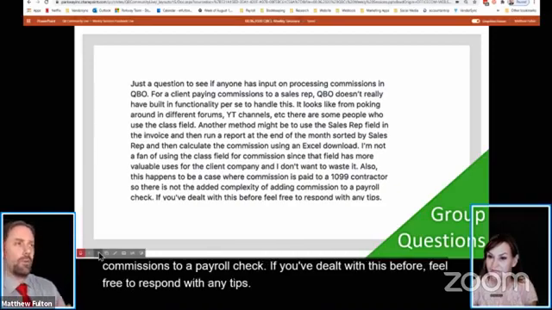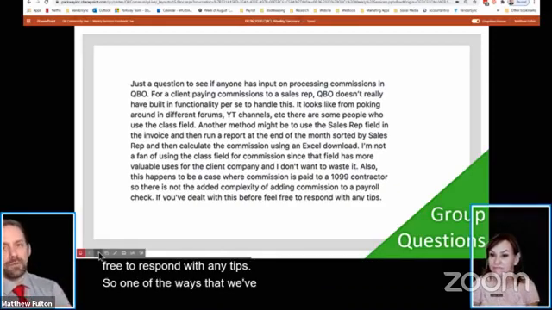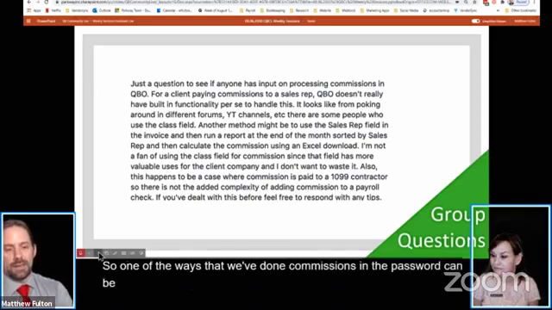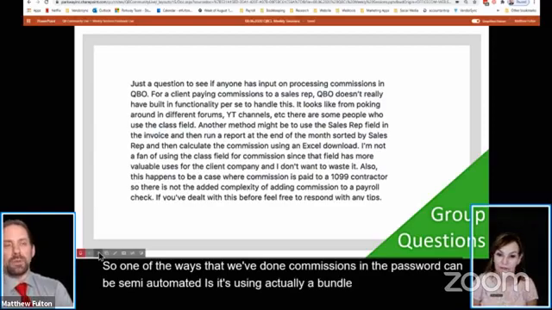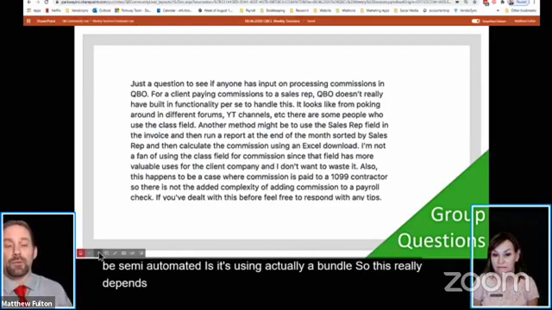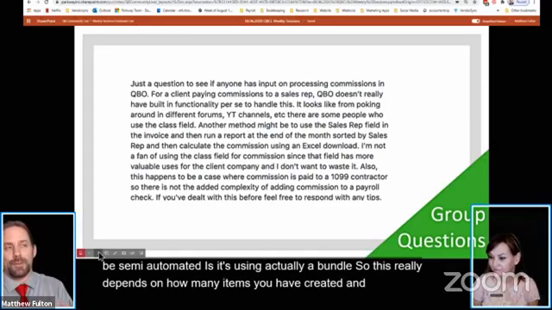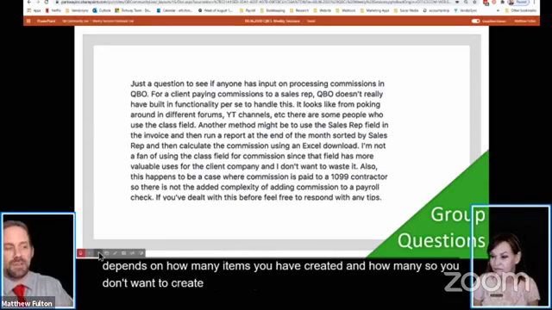So one of the ways that we've done commissions in the past, where it can be semi-automated, is actually using a bundle. This really depends on how many items you have created, because you don't want to create a different bundle for each item itself. Right.